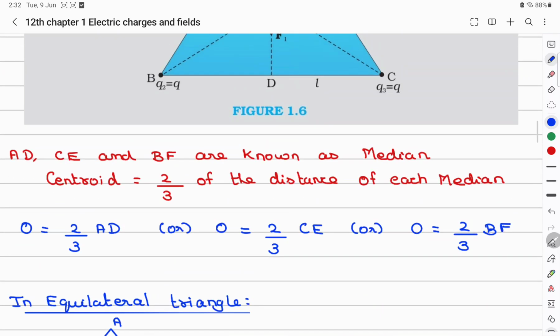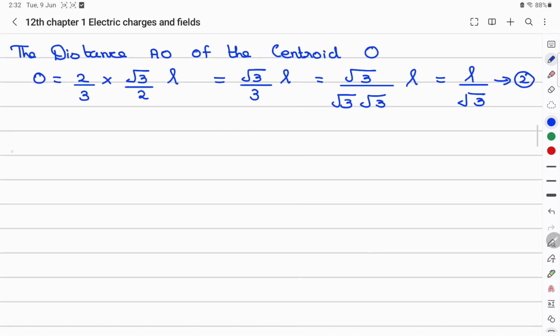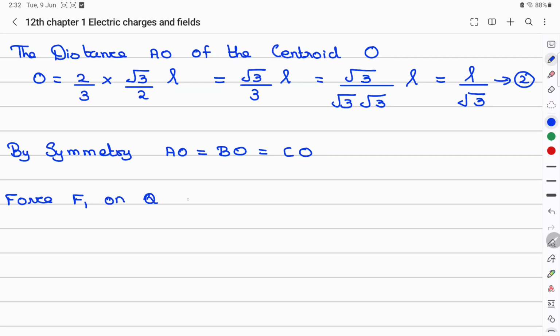So by symmetry, AO is equal to BO, which is equal to CO. So force F1 on charge Q due to charge Q1, which is the same for all the three vertices, so Q1 is equal to Q at A, along AO.